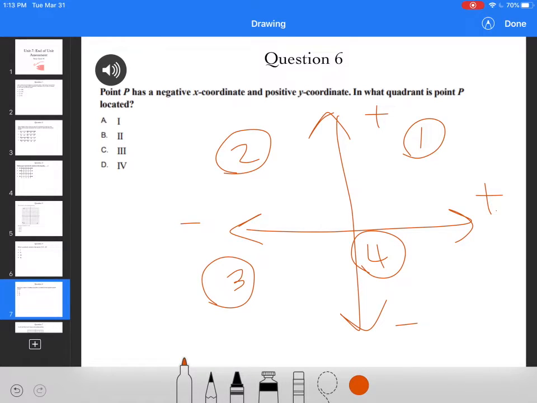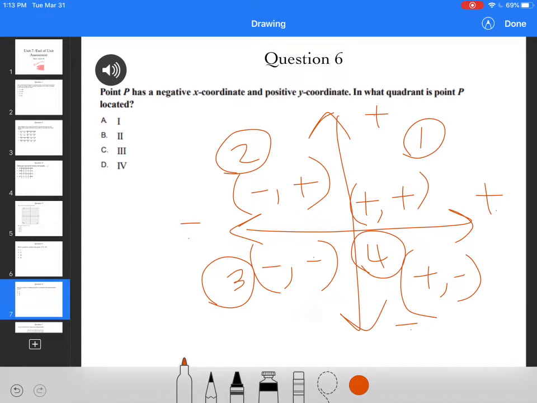So positive, positive is quadrant 1. Quadrant 2, I've got to go x first, so negative, and my y would be positive. My horizontal in this one would be negative, and my vertical would be negative. And then I would go, remember, side to side first, so positive, negative. So when I look, I have a negative x and a positive y. So again, this would be 2.